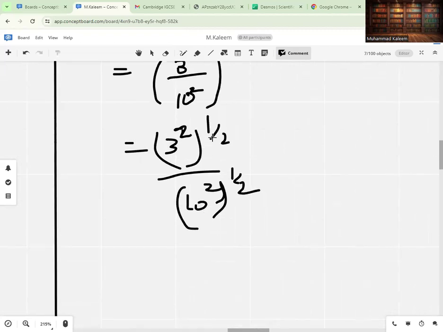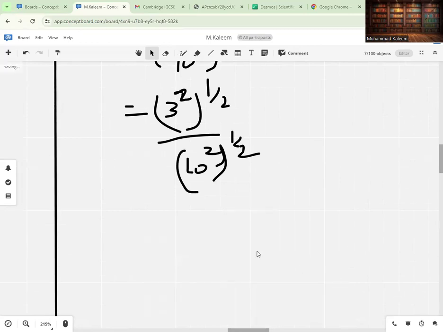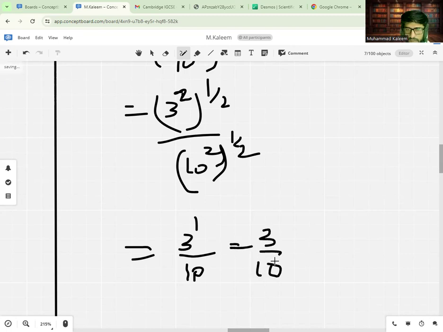After that, we just have to multiply. 3 raised to power 1 is left here, because 2 times 1 over 2 becomes 1, and the same for 10. So 3 over 10 will be our answer.